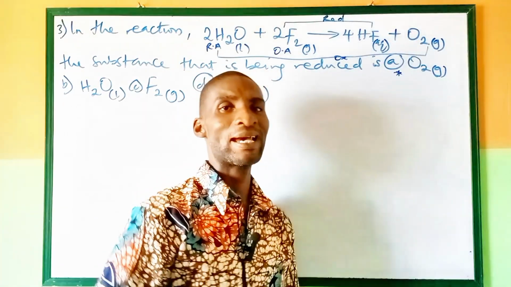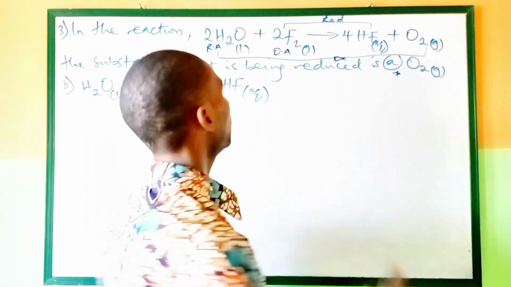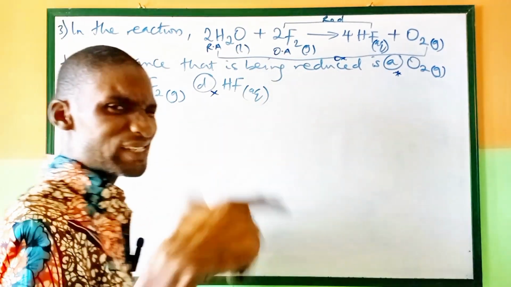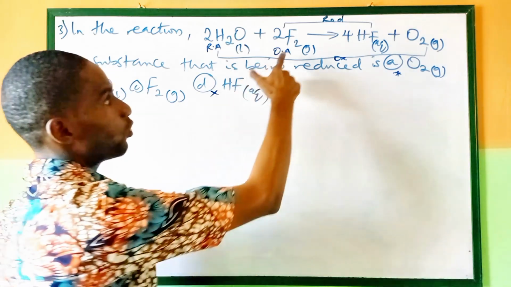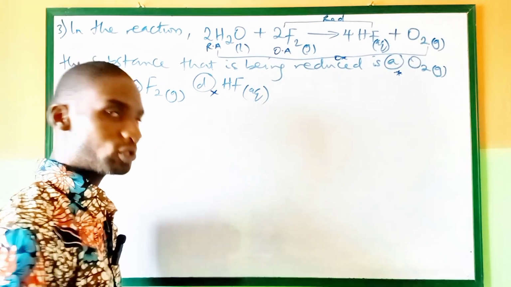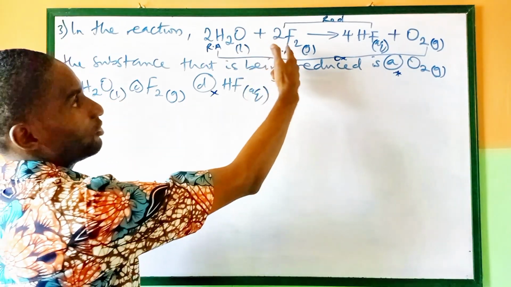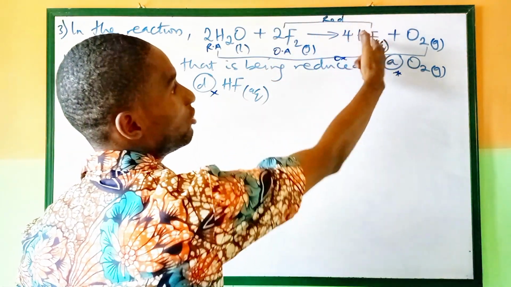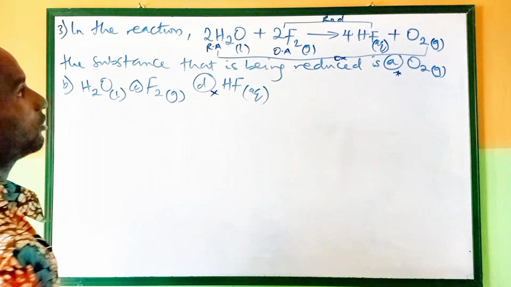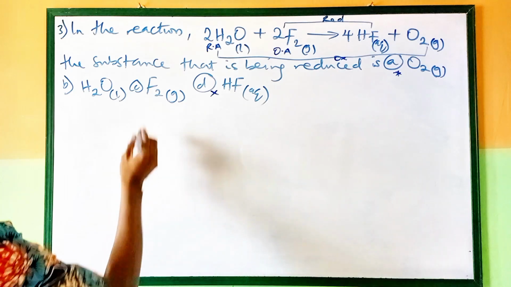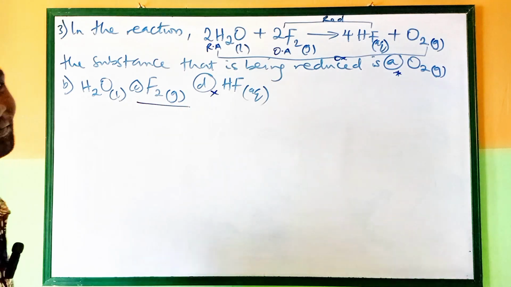So it is the oxidizing agent that will be reduced. So what they are simply asking you is, what is the oxidizing agent? So the oxidizing agent is fluorine gas. And the oxidizing agent has been reduced to hydrogen fluoride. So our answer is fluorine gas, option C.